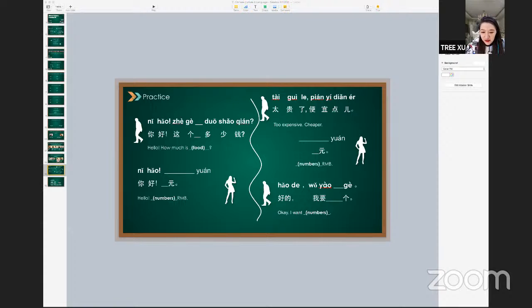The last sentence is 好的, which means okay, deal. 我要 means I want, 我 means I, 要 want, and the last character means quantity. 我要5个 means I want 5 of these.